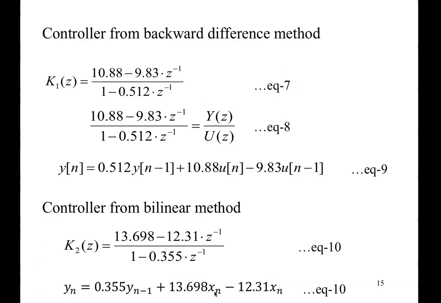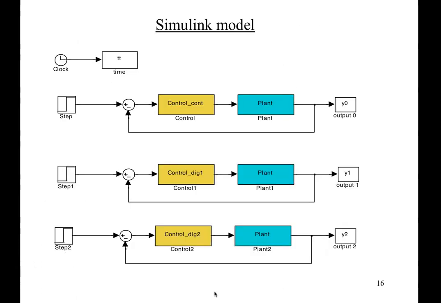Now, to assess the performance of the different approaches, I've resorted to computer simulations to give me some indication of how well or how poorly they behave. Here I put the plant G(s), and I'm not changing anything. It's not digital, I have not converted it.